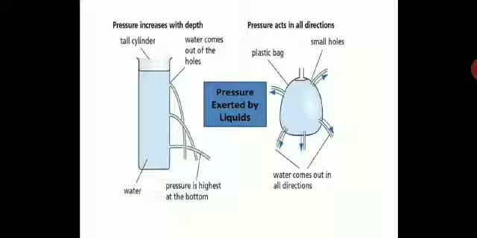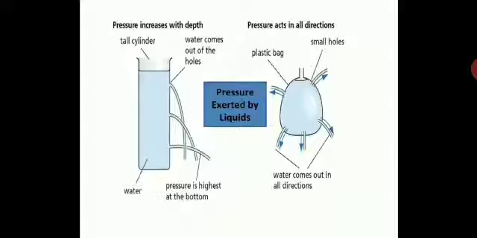When you have a container of a round shape or an oval shape, like a plastic bag, you make some holes and pour some water, and water comes out in all directions.